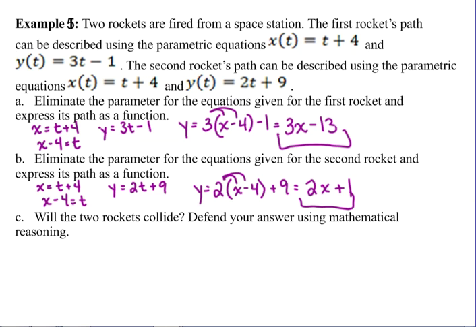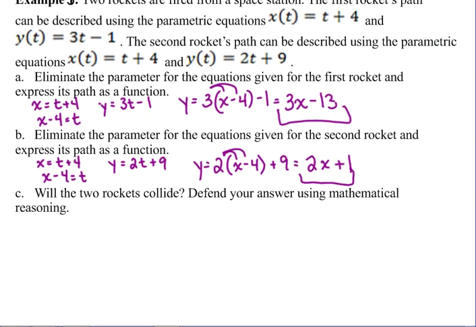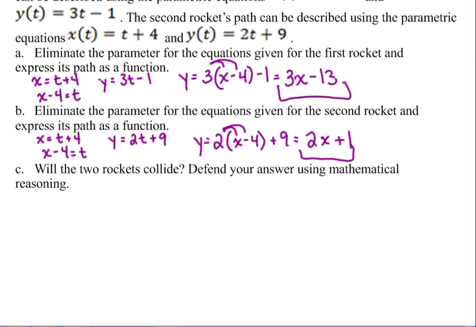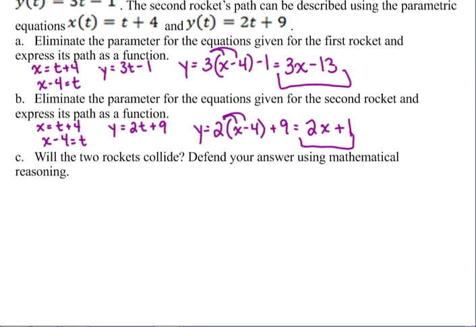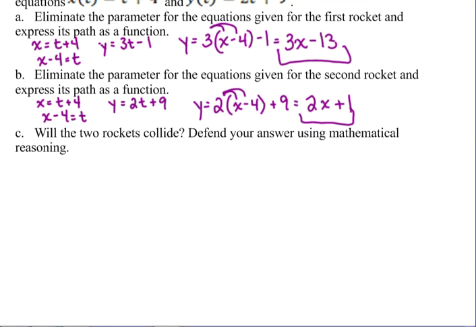Now, part C asks, will the 2 rockets collide? Defend your answer using mathematical reasoning. So any thoughts on how we can figure out if these 2 rockets are going to hit each other? Graph it, okay.